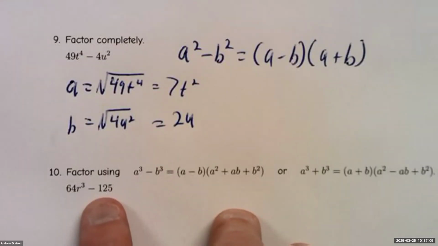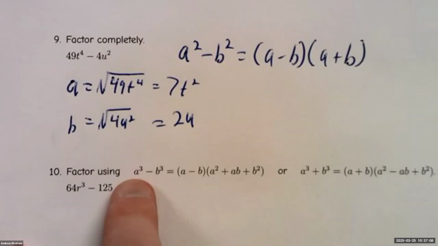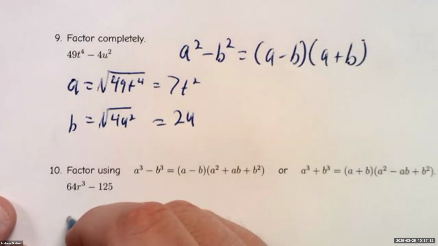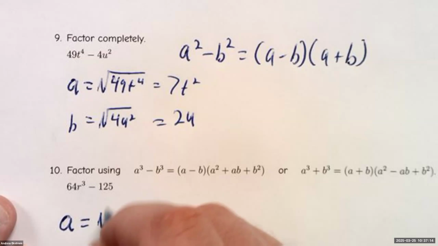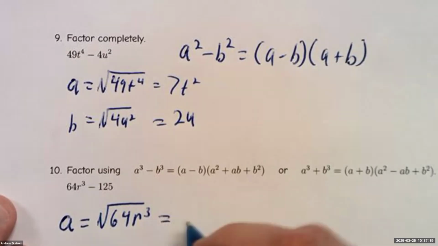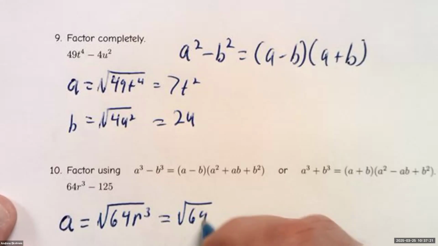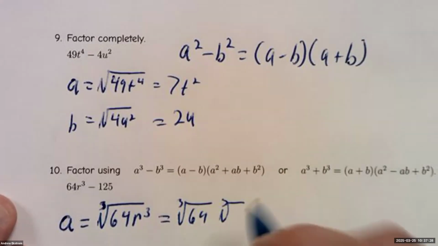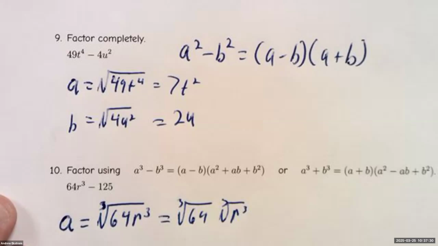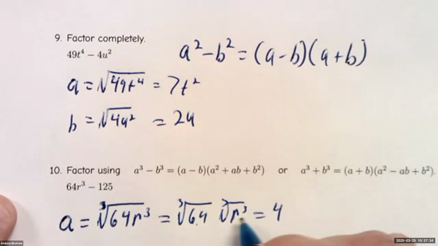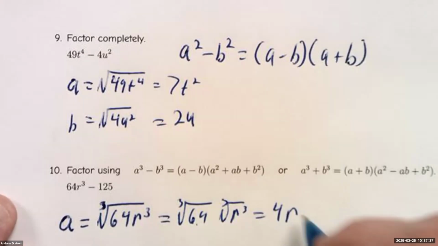With this one, because we're looking at a cubed minus b cubed, a is going to be the cubed root of 64r cubed, and then the cubed root of r cubed. Cubed root of 64 is 4, cubed root of r cubed is r.